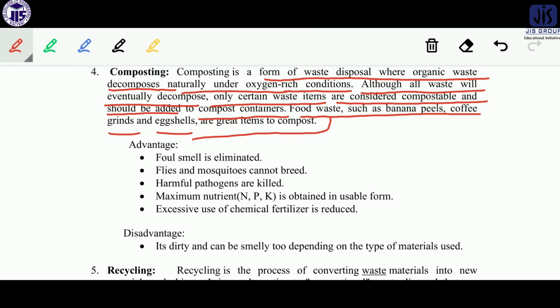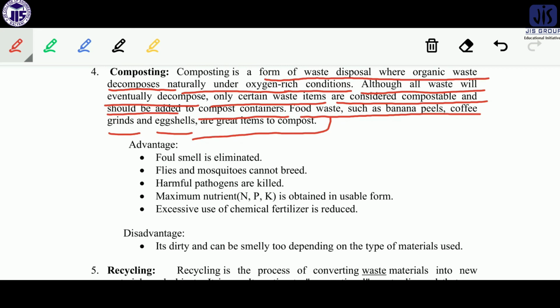That's why this particular process is not applicable for all types of solid waste materials. As I told you, this is one kind of landfill process, but only for particular types of solid waste materials, mainly the biodegradable materials.